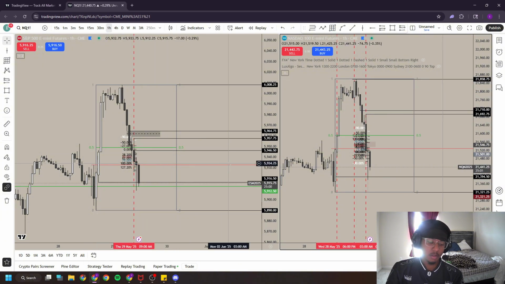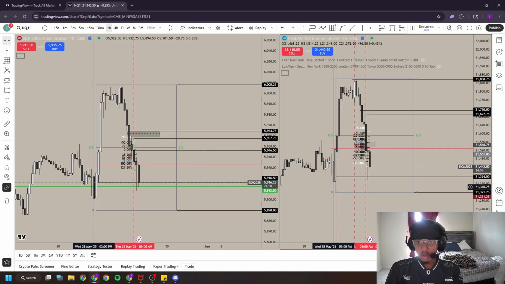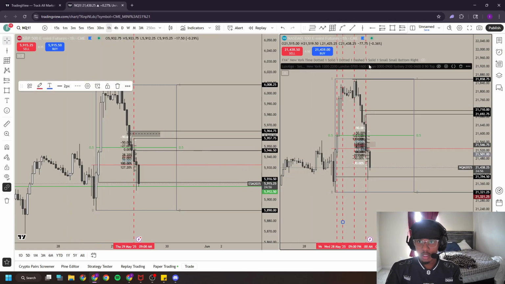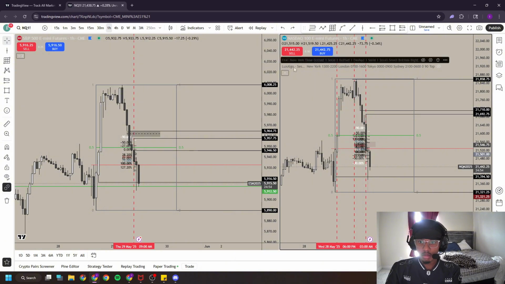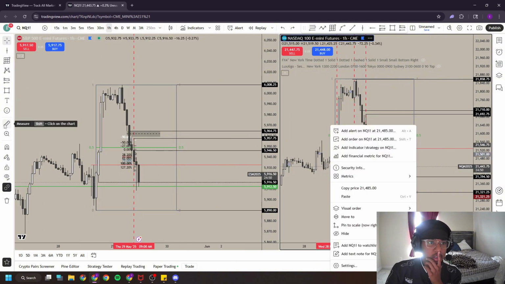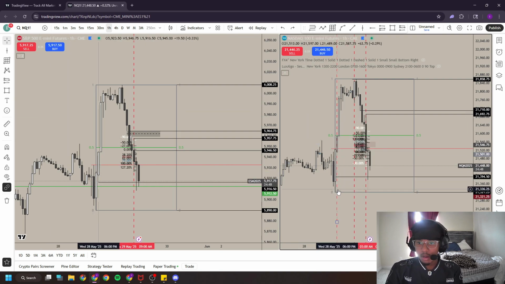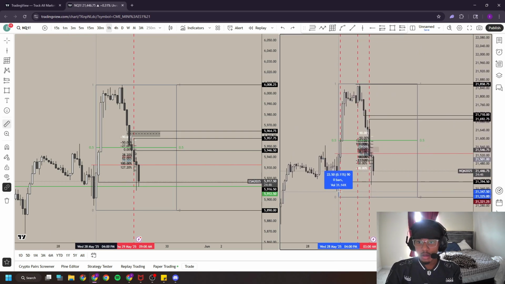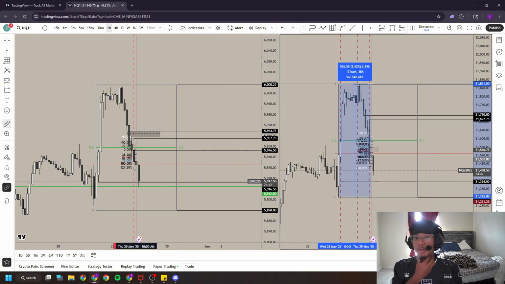Even if we take our measuring tool, I forgot how to use the measure on keyboard, oh, it's shift. As you can see, from the swing low all the way to the swing high, we were very overextended by 2.52%.